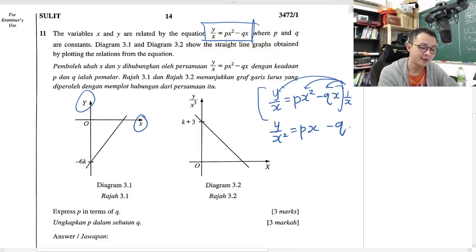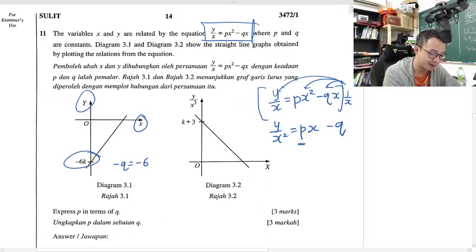So you can see now my y is y over x squared, my m is p, my x is just x, and my c is negative q. So from here, at least I can make some connection. My negative q will be negative 6k. So q is just equal to 6k.